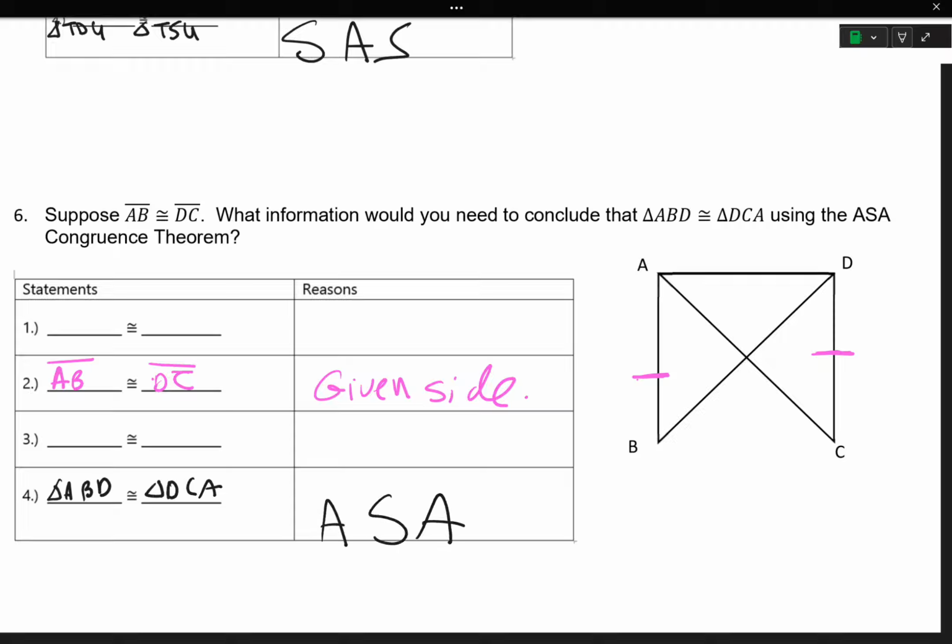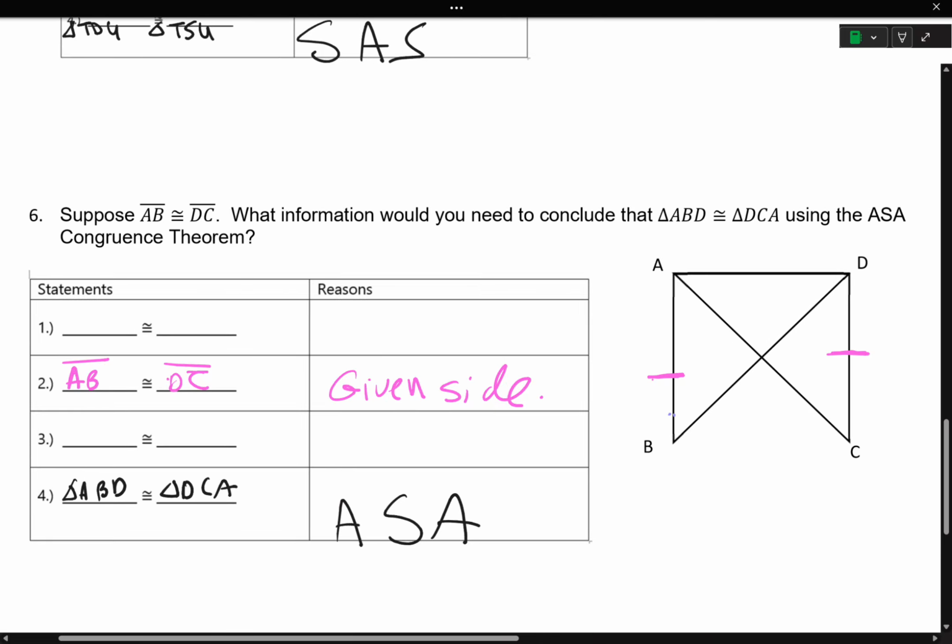If I have a side, I'm missing the two angles. Let's surround our side with two angles. On triangle ABD, I'm going to put an angle on B and another one on A. I'm going to do the same thing with DCA, put an angle on C and a double on D.